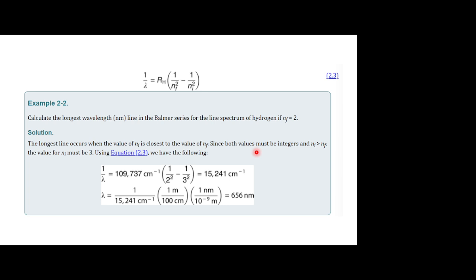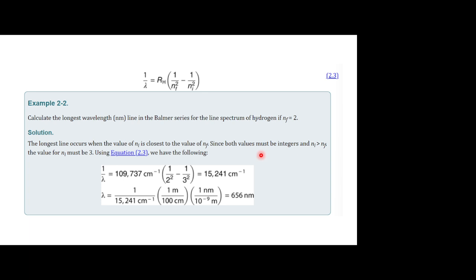We know that NF has to be 2 here. So the one that's going to give us the smallest energy difference is going to be the one immediately above it. We could theoretically, if we wanted a larger difference, use a 4, 4 going down to 2.